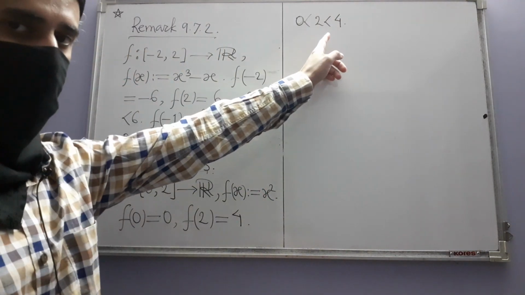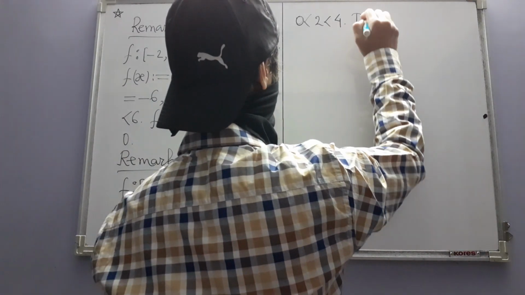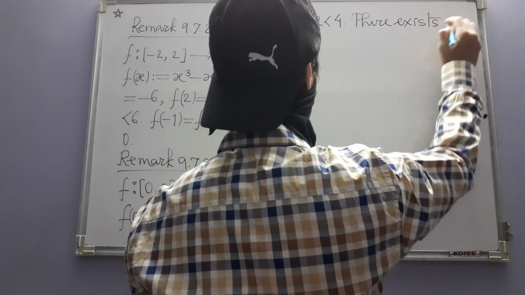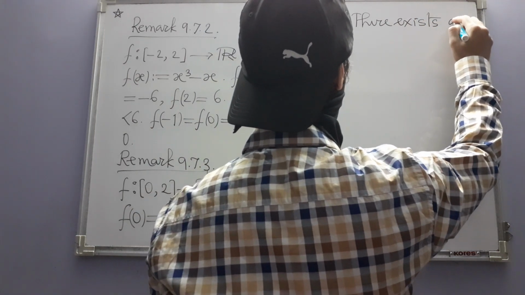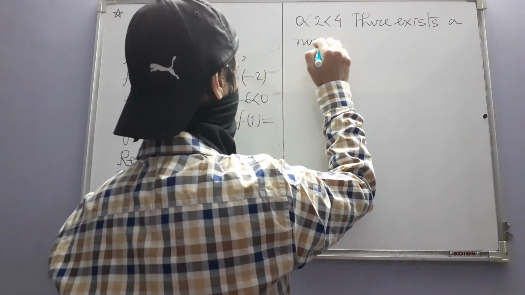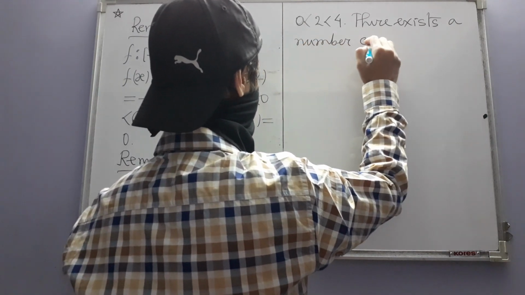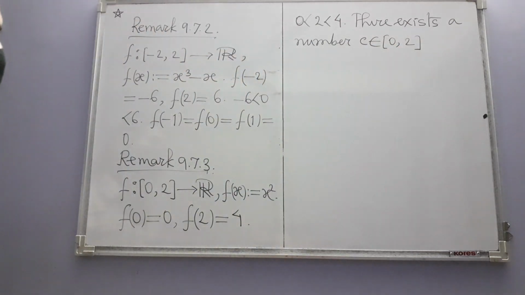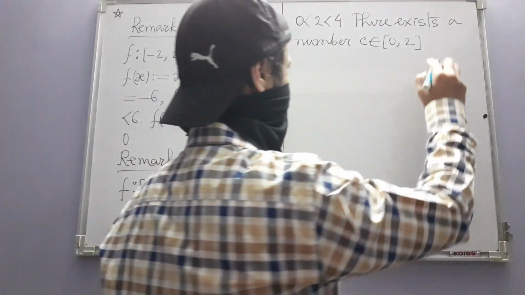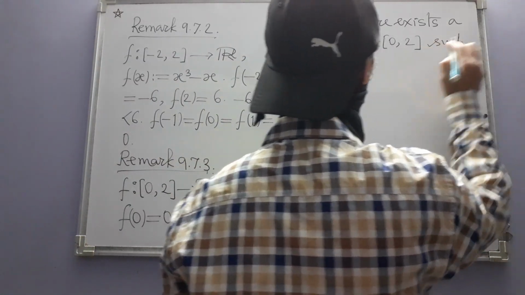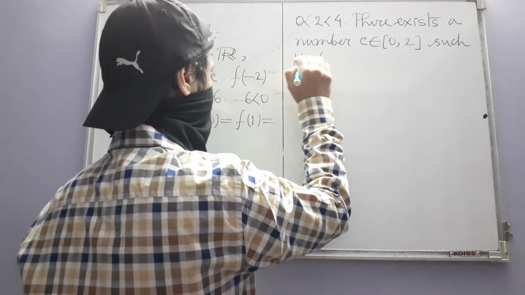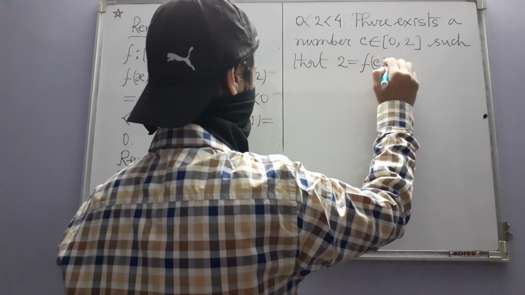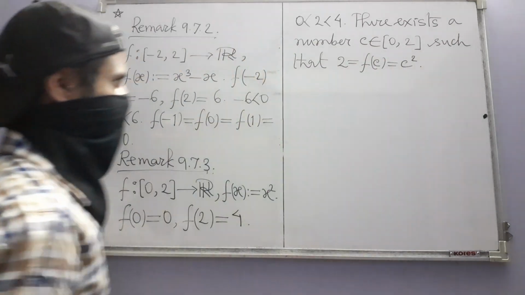So by the intermediate value theorem, there exists a number c in the domain of the function 0 comma 2 such that 2 is the f image of c, that is c square.